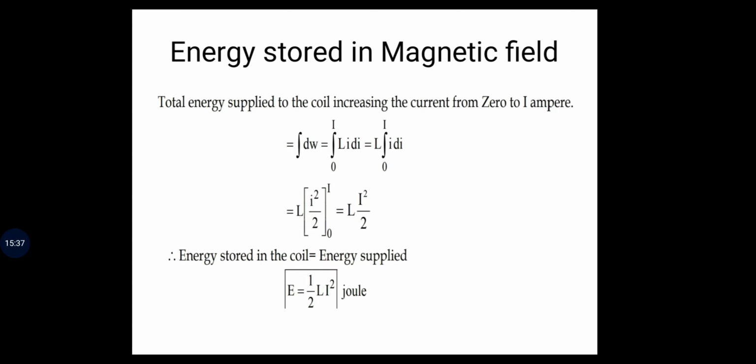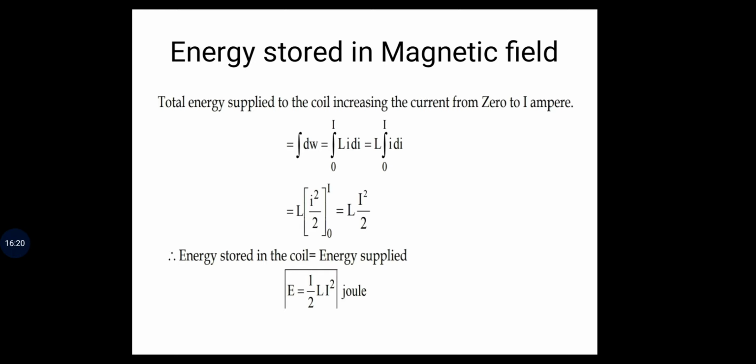Total energy supplied to the coil in increasing the current from 0 to I ampere is the integration of dw, that means integration from 0 to I of Li di. L into integration from 0 to I of i di, which equals i square by 2.